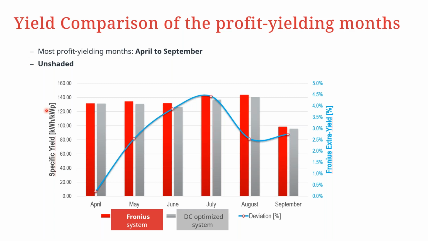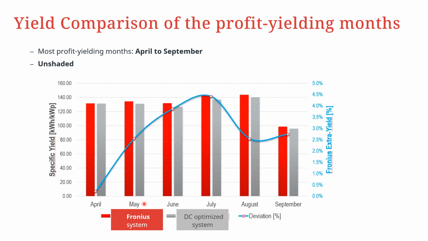As you can see here, we have the specific yield on this scale, which refers to the kilowatt hour generated per kilowatt peak of PV array. And then we have on this scale the period of the year, starting from April, May up to September.